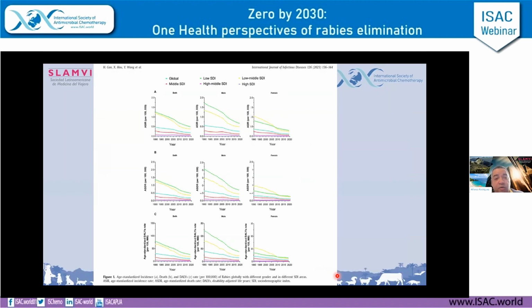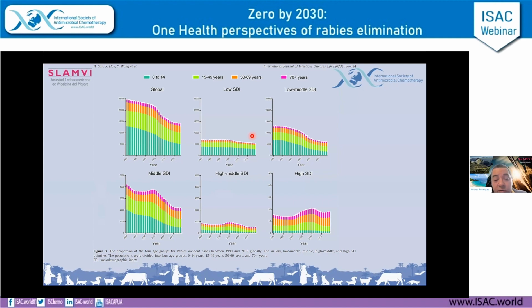But still, the news is good because globally we are reducing the incidence in general. This is the standardized incidence of rabies globally, regardless of the different factors.